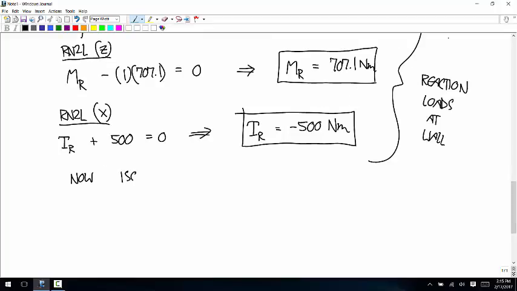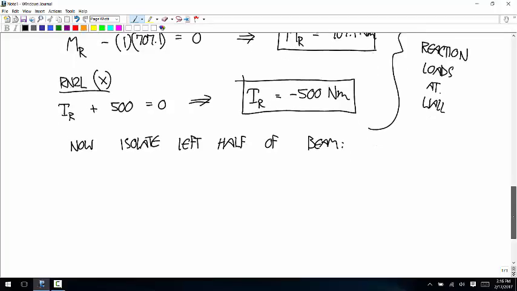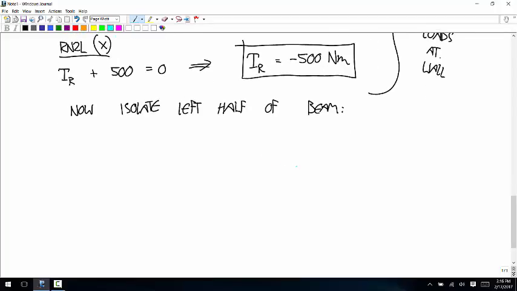we're going to isolate the left half of the beam. And so if this is the whole beam, and you have that 1,000 Newton force applied over here, and you have that external torque applied there, we're only going to isolate this much.